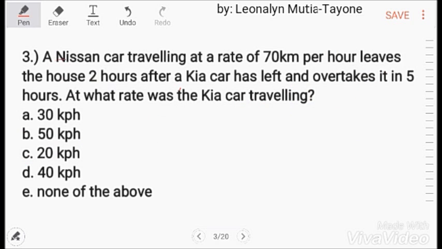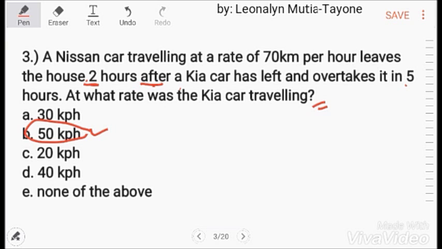Number 3. A Nissan car traveling at a rate of 70 kph leaves the house 2 hours after a Kia car has left and overtakes it in 5 hours. At what rate was the Kia car traveling? Ang answer dito ay 50. Ganun lang kadali.